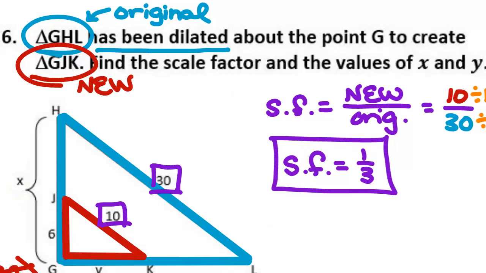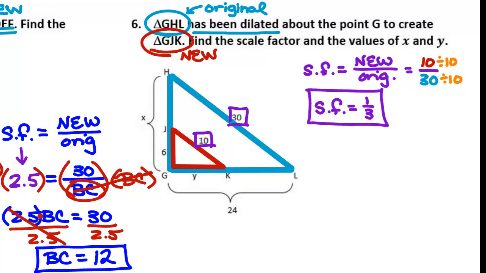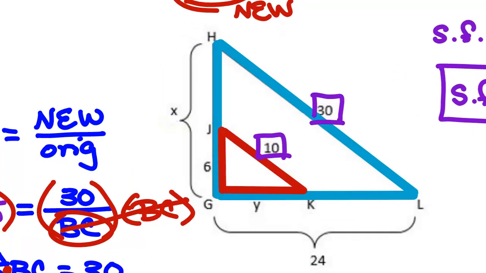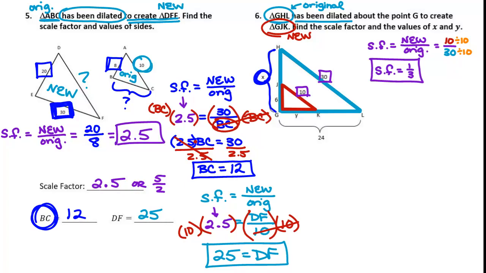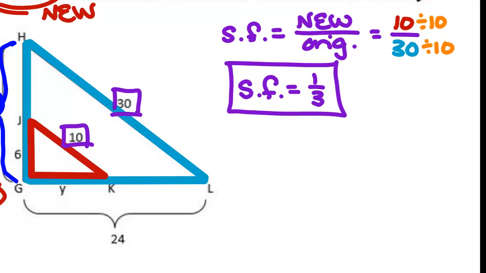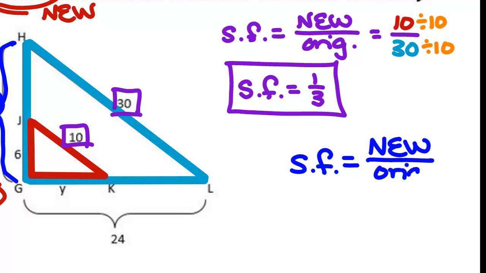All right, there's one piece that they asked me to do. Now they want me to find the values of x and y. Let's go find x. Where's x in the picture? GH. X is this side right here. So GH, the length that x is referring to, is that part of my new triangle or my original triangle? Original. All right, so I know scale factor is equal to new over original.